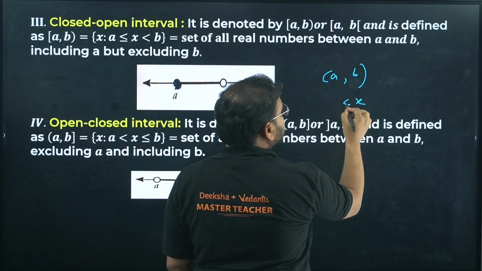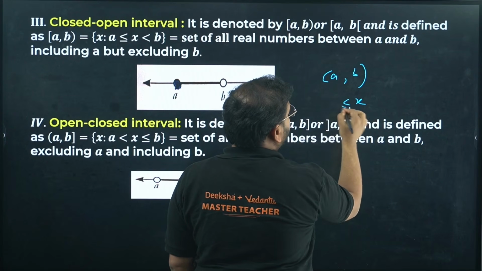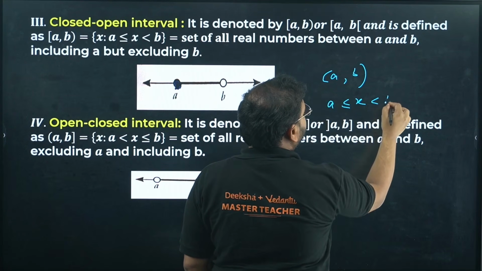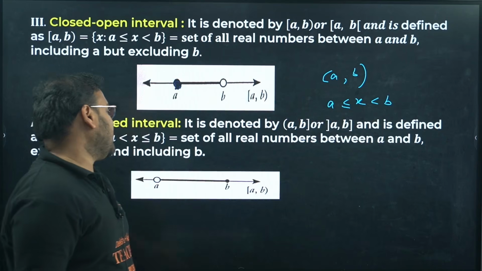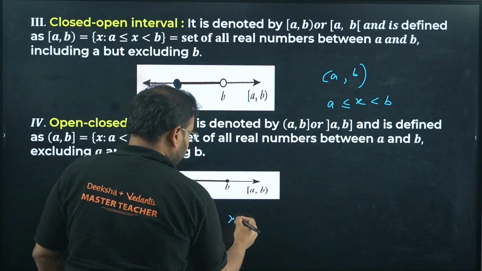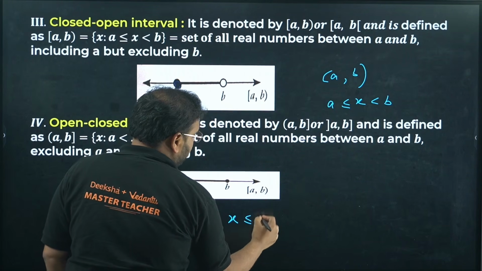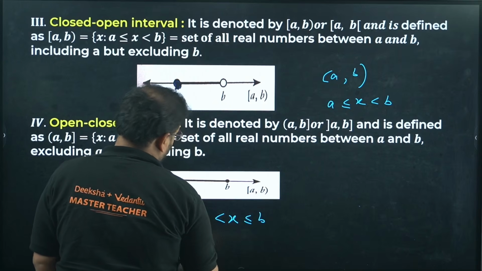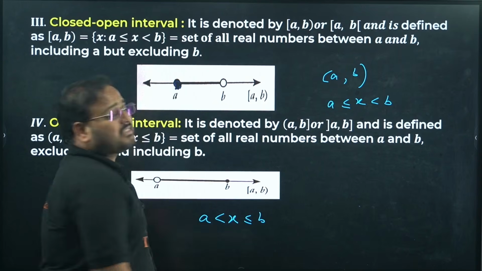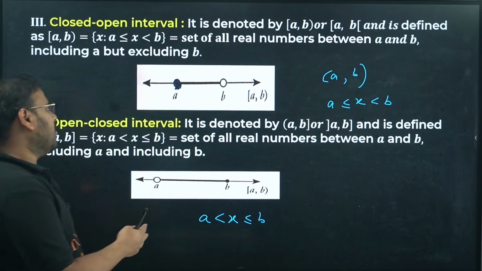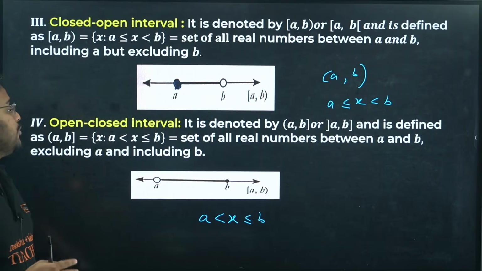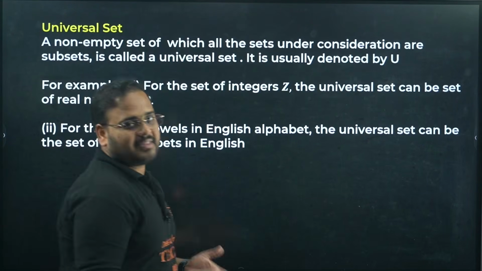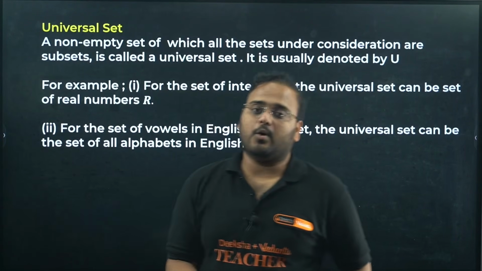So x will be more than or equal to a and less than b. Just opposite over here, x is less than or equal to b and greater than a. At a it is open. I know it makes sense to all of you. It is a very simple concept, but it is used a lot everywhere, and also in the chapter inequalities.